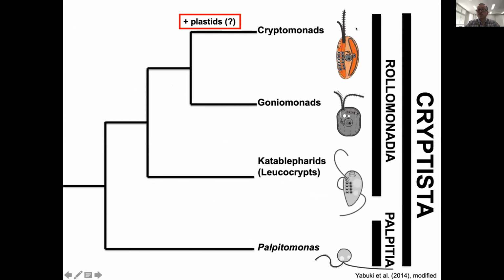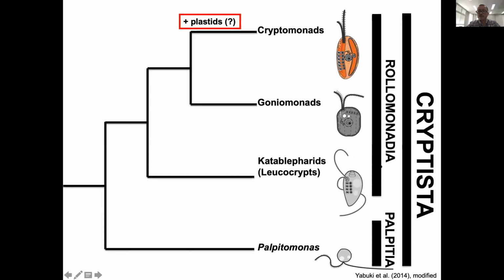Cryptista is composed of two subgroups, Rollomonadia and Palpitia. I think the early evolution of Cryptista is understood well compared to other eukaryotic subgroups. Only cryptomonads have a plastid, of red algal origin.